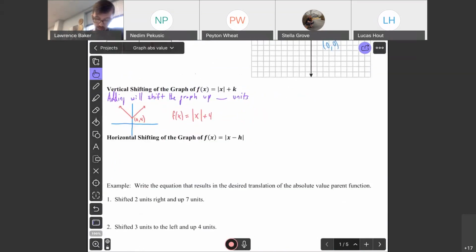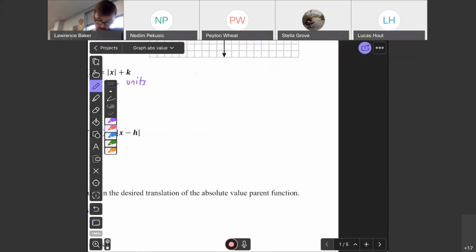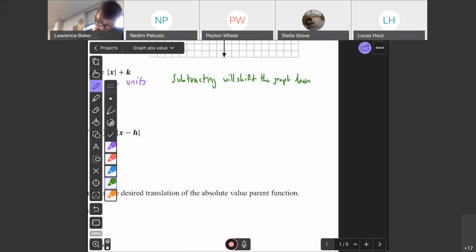So adding will shift the graph up a certain number of units. And then, on the other side of that, subtracting will shift the graph down however many units. We're just seeing a quick sketch of what that would look like.